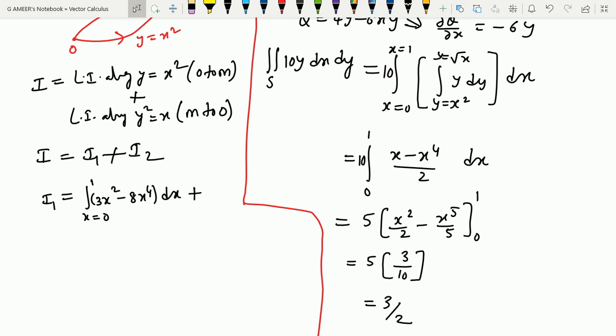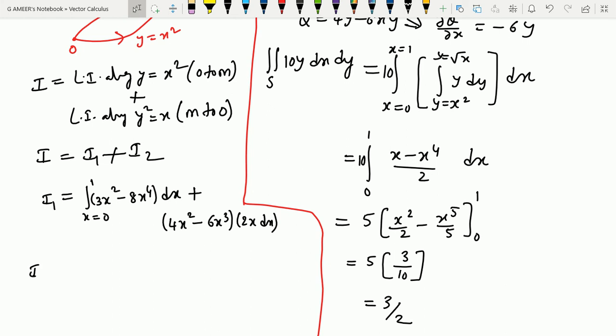Then plus, what is there? 4y, but y is equal to x square, so let us put 4x square. Then minus 6xy, that is minus 6x cube. Then dy is there, but dy will be 2x into dx. That's it. Okay, fine.